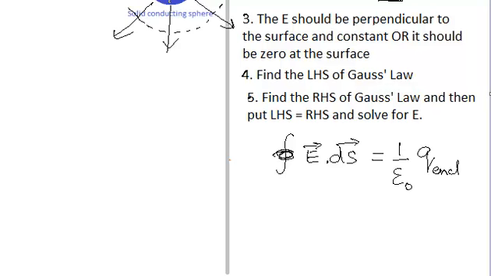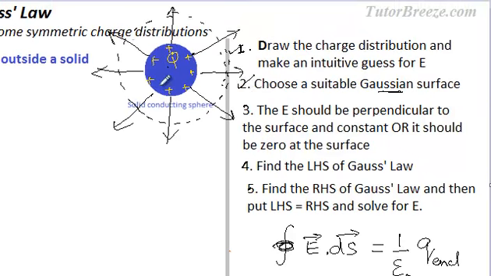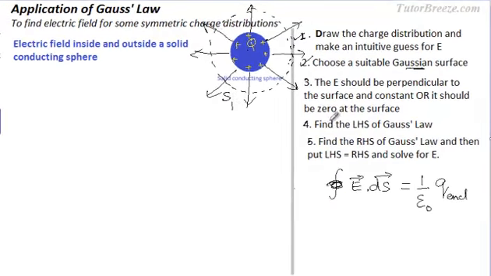Okay, now let us take a look at step 3. The next step is to choose a suitable Gaussian surface, and we've chosen the sphere as our Gaussian surface. Let's just call this S1.